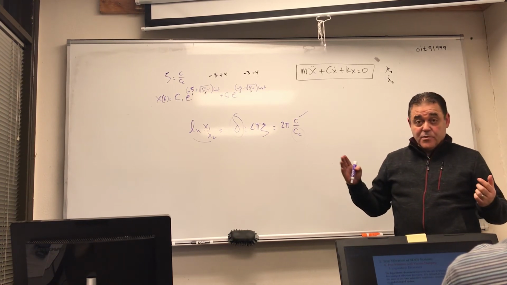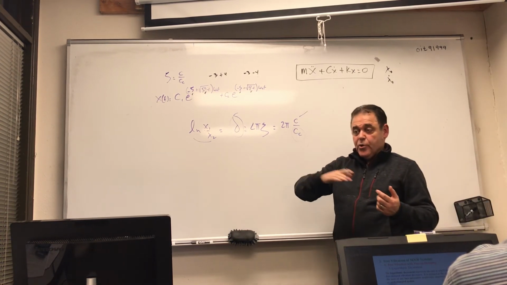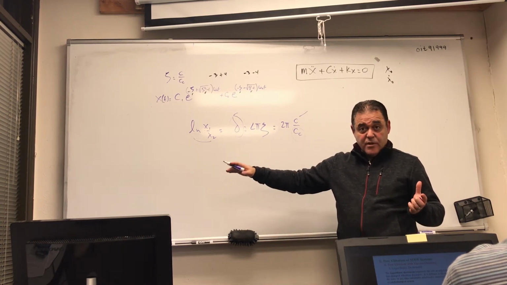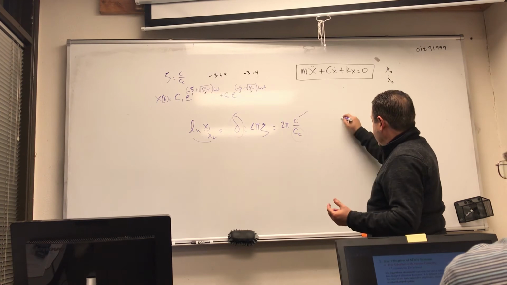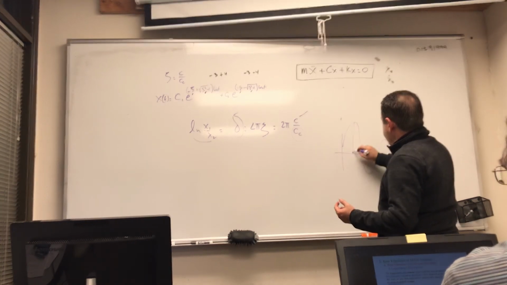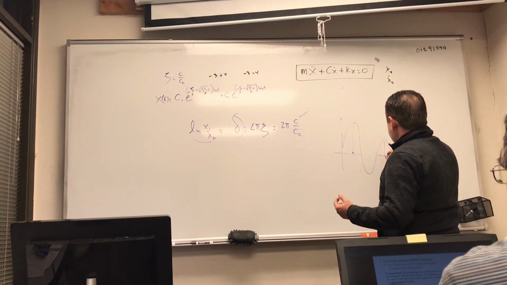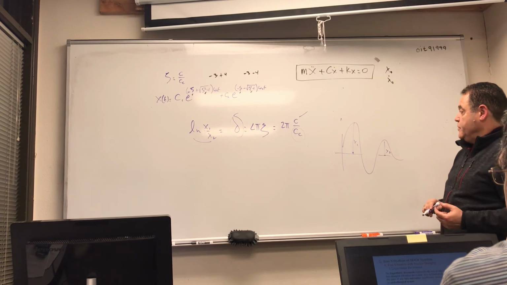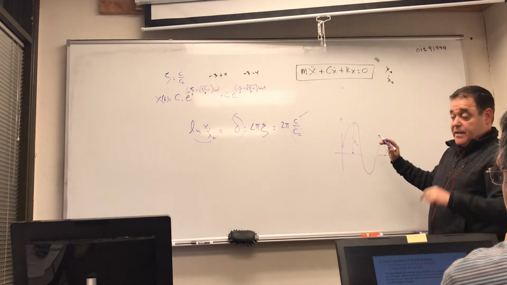One way to do this is to do an experiment in which you create what we call an underdamped situation, and then you look at how the response goes like this. Maybe here this is x1, and then this is x2, between two successive peaks.